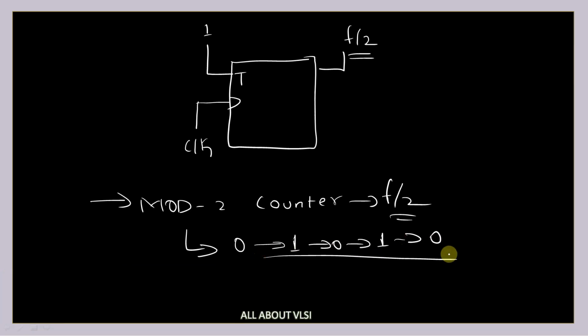This is how your mod 2 counter is going to look. Now, if I want to implement this in Verilog, let us see how. But before that, we will see frequency division by 4 also, and then go to the implementation part.